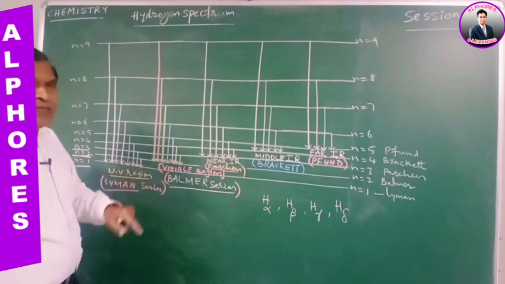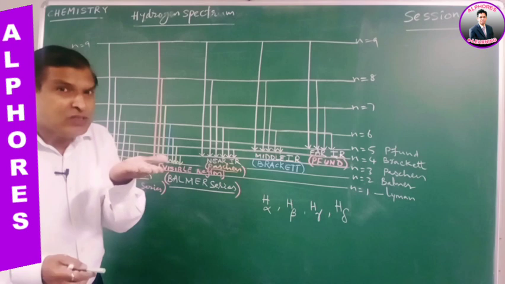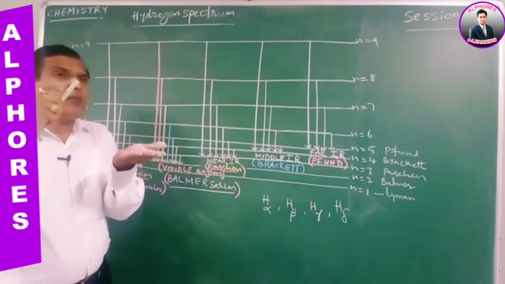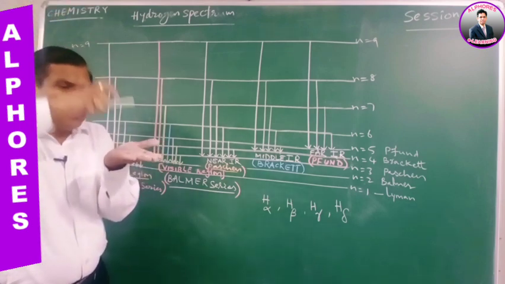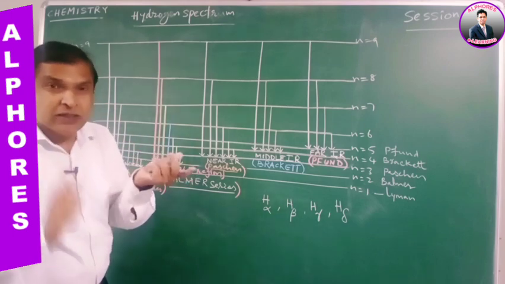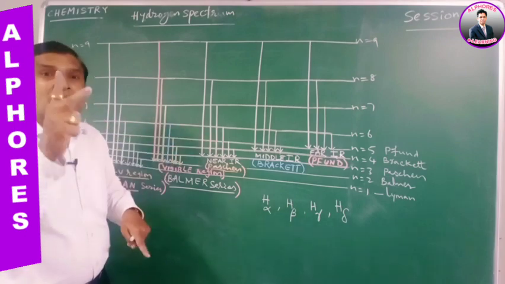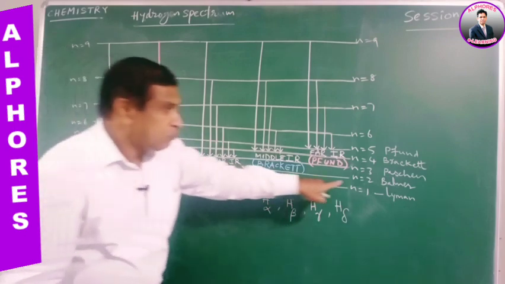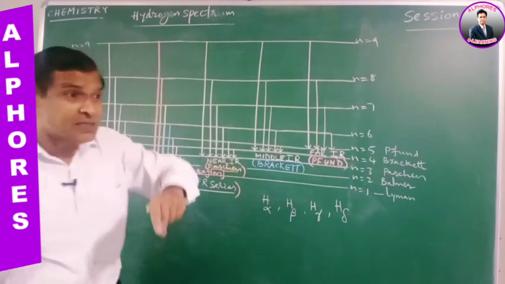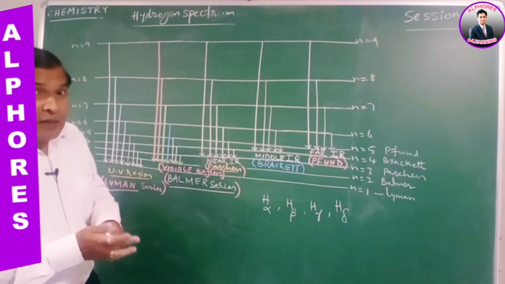Now, in the Balmer series, to which level is the electron coming? The electron is coming from higher energy levels to the second orbit. That means the ground state for the Balmer series is n equals 2, because it is forming at the second energy level.